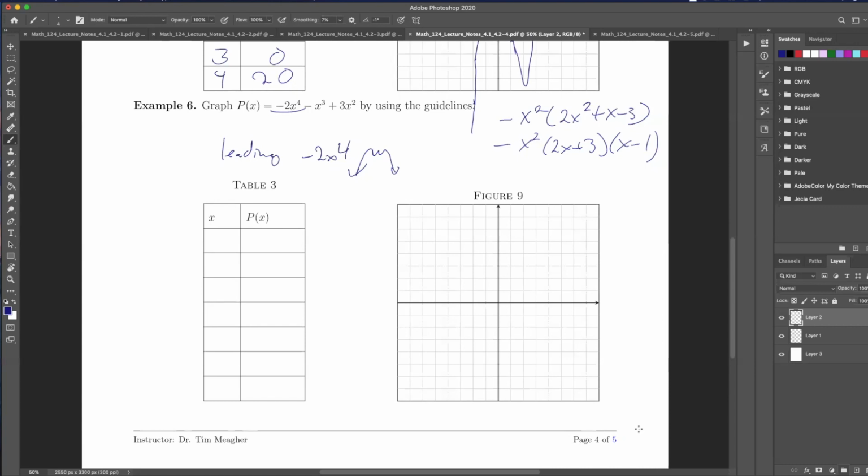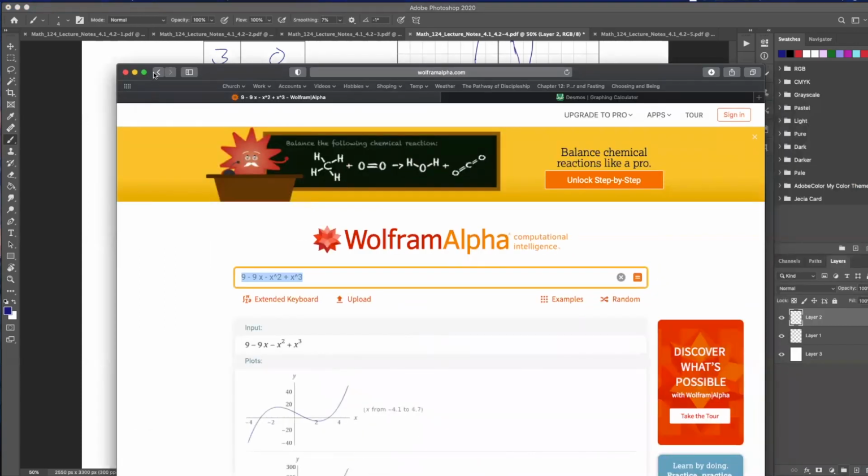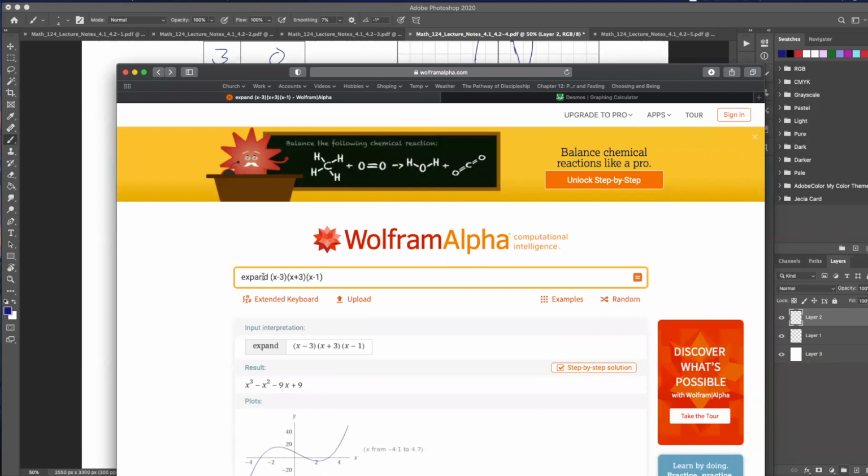If you ever get super lost while you're doing your homework, it's good to do it by hand. But if you ever get super lost, the calculator can take your expression and factor it out.